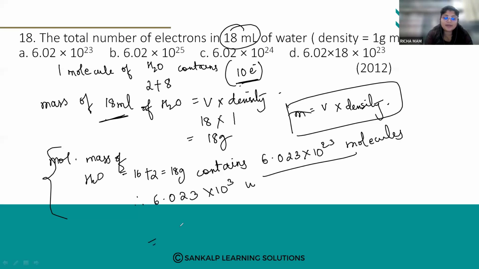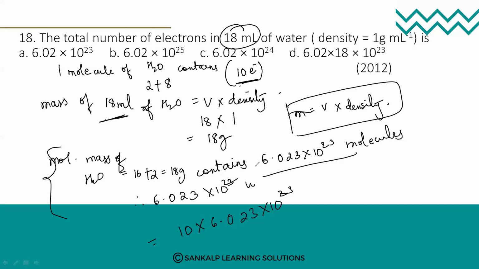So let us multiply 10 into Avogadro's number. Avogadro's number into 10 is how much? Just see, students. They have asked us to find the total number of electrons in 18 ml of water. So in 18 ml of water, there are 10 electrons per molecule. So just see, 60.23.